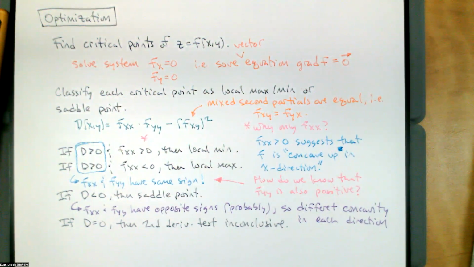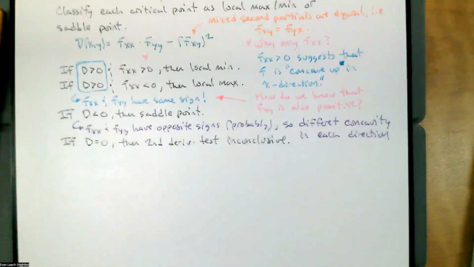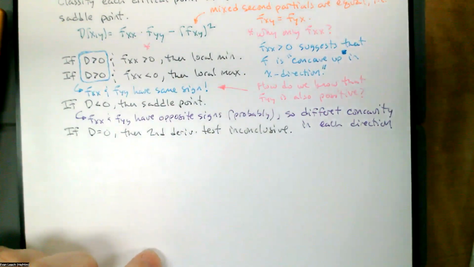Imagine in the x direction, fxx is positive, and in the y direction, fyy is negative. So in the x direction, draw something concave up, and in the y direction, something concave down. And that's creating this saddle point. I can't draw it, but every semester I try.